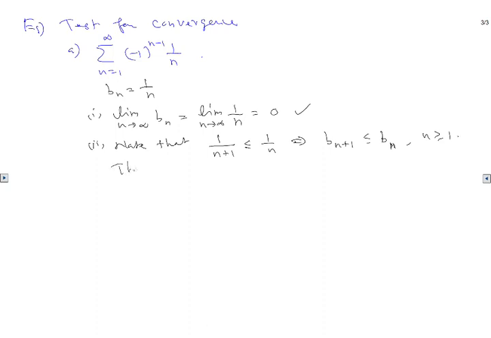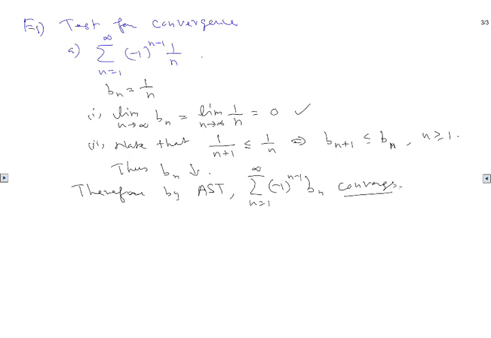So thus Bn is decreasing. Therefore, by the alternating series test, the sum from n equals 1 to infinity of (-1)^(n-1) Bn converges. So it's very easy to show that this one converges.